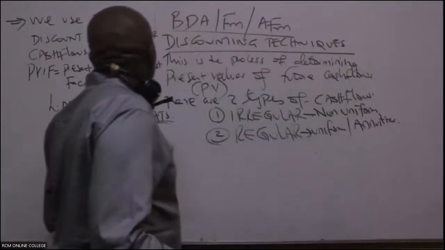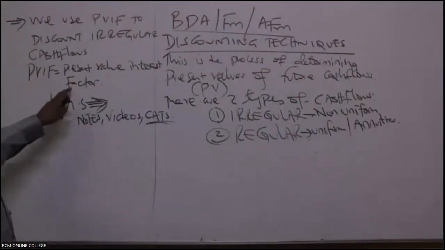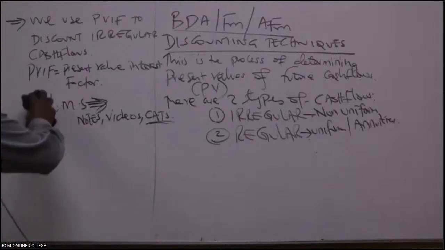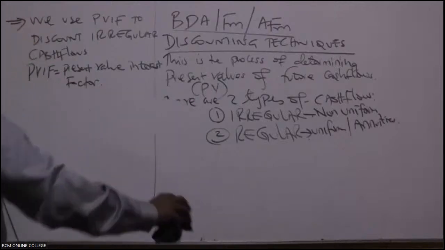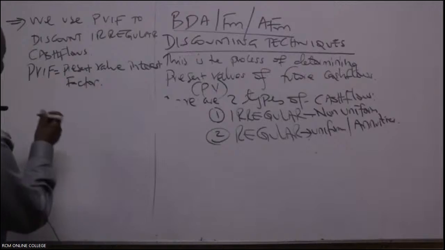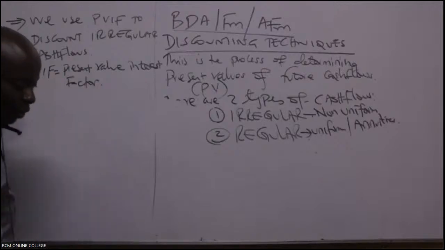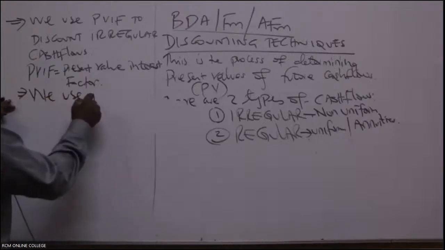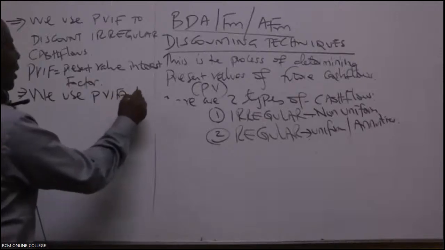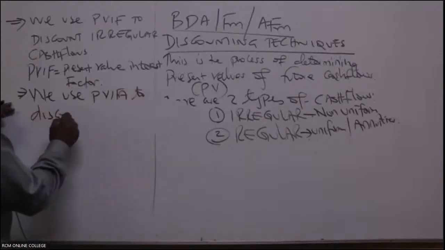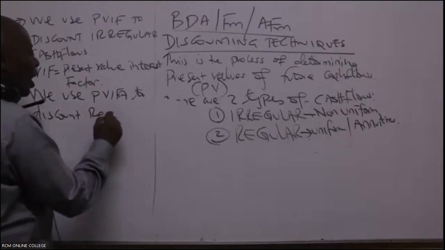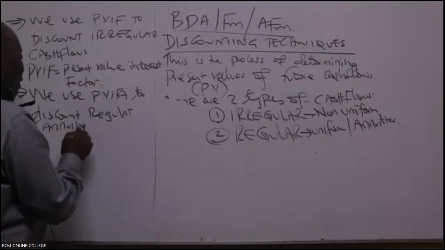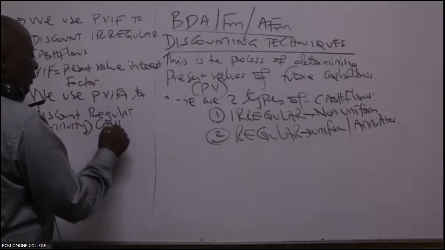So you're learning something very important here about PVIF, present value interest factor. Very, very important. Another bullet there tells us that we use PVIF to discount regular or annuity cash flows.